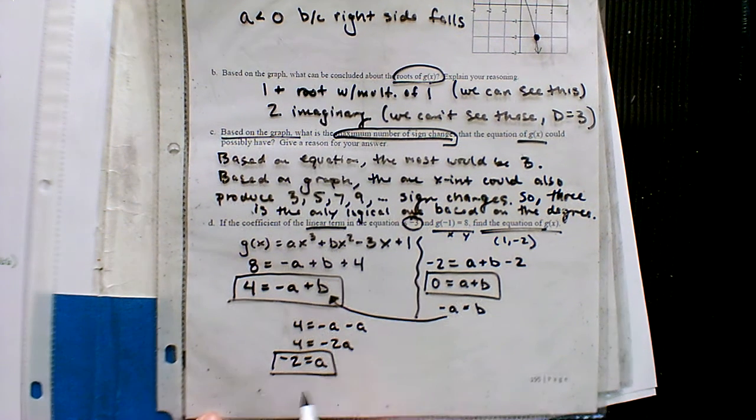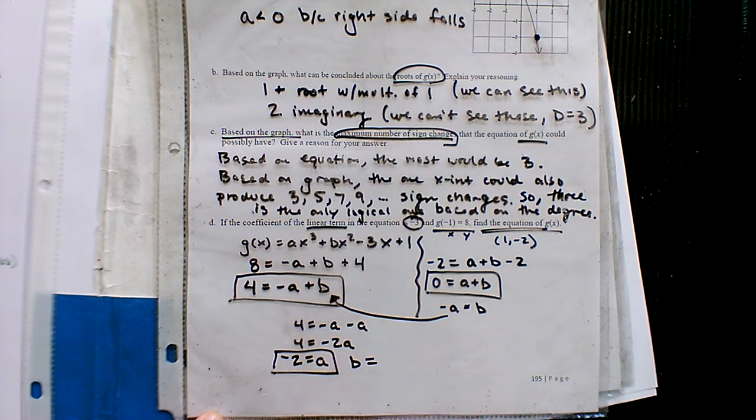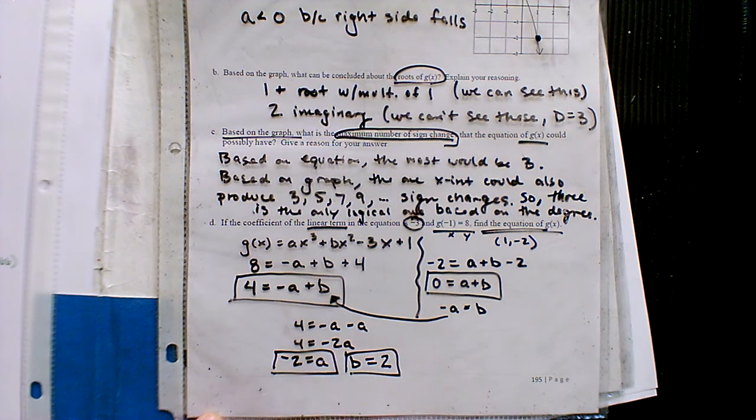Can we figure out what B is? Maybe we can plug it back in somewhere. If the opposite of A is B, the opposite of -2 would be +2.